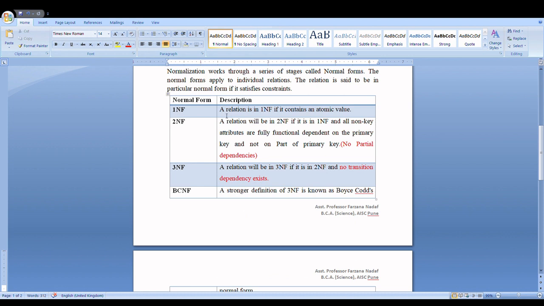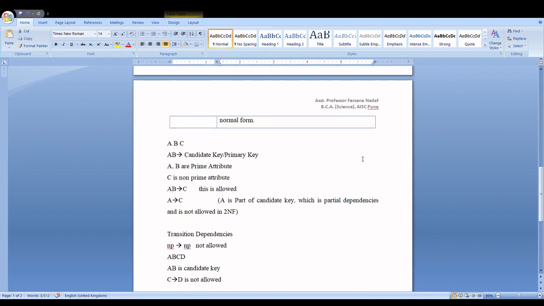So for first normal form, you have to check whether all the values are atomic. In second normal form, what do you have to check? First, you have to check whether it is in first normal form, and the second thing you have to check is that there should not be any partial dependency. And what is partial dependency? I have explained. You have to identify the primary key.